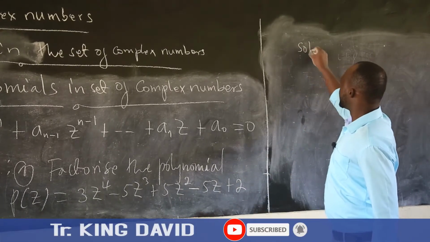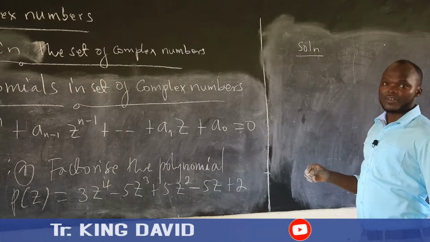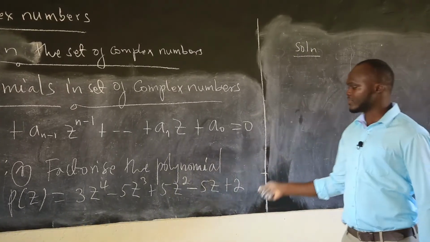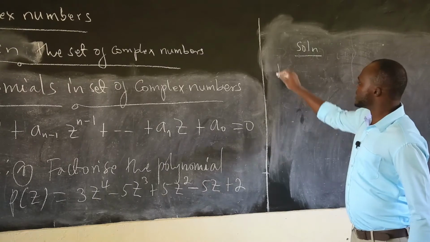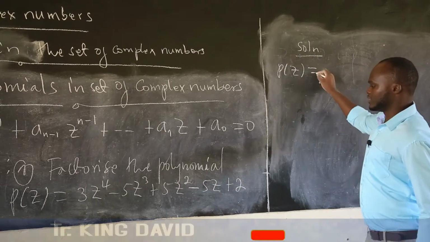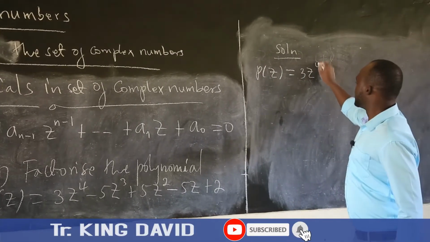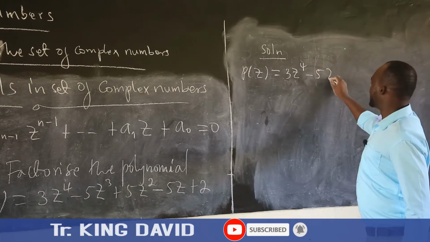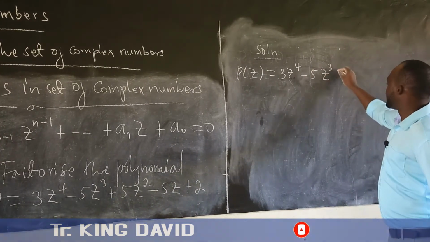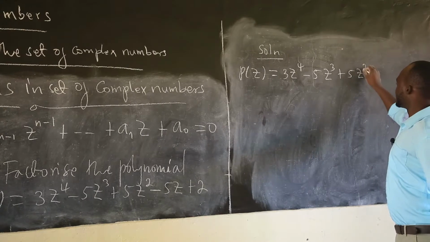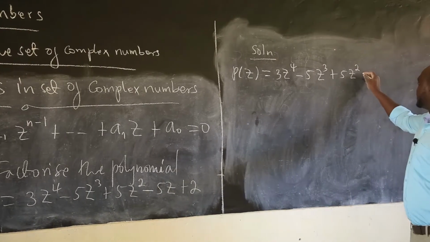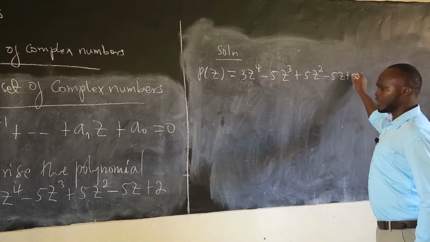We have to start by finding roots that can satisfy this equation. So our P(z) is 3z^4 minus 5z^3 plus 5z^2 minus 5z plus 2.